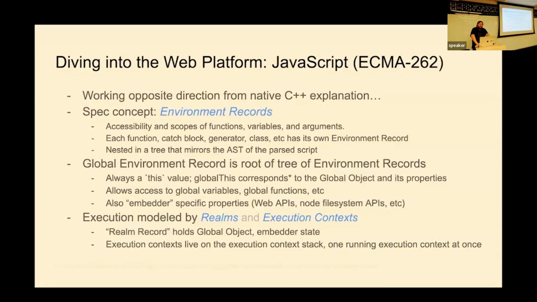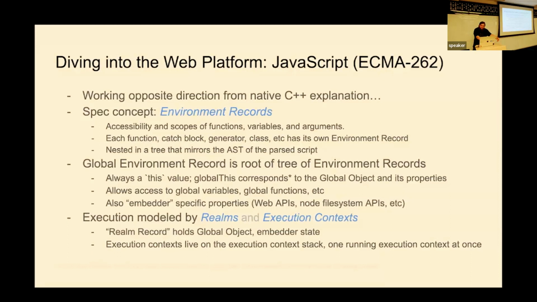An interesting thing about JavaScript compared to C++ is that there is a global object. There is a root environment record where any global variables, any global functions will be defined on this global environment record. Generally this corresponds to the global object, but it doesn't quite work that way for window objects because there's a window proxy and whatever else, but it doesn't matter.